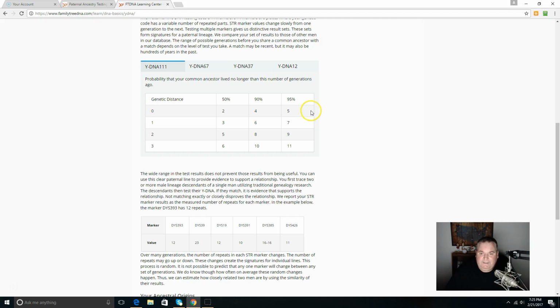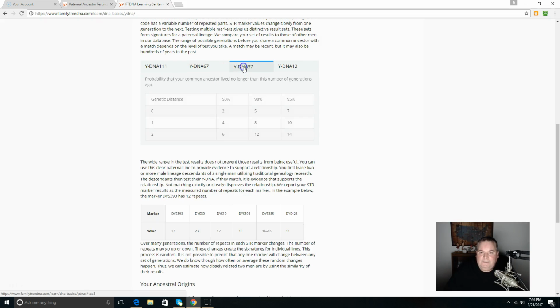So you'd be looking at somebody fairly recently, probably within the last 100 years or so. And as you see, if you match that person at a zero genetic distance, which is a very close match, then at 90%, you may have your direct common ancestor 4 generations ago, and then it goes down to 50% that it was only 2 generations ago.